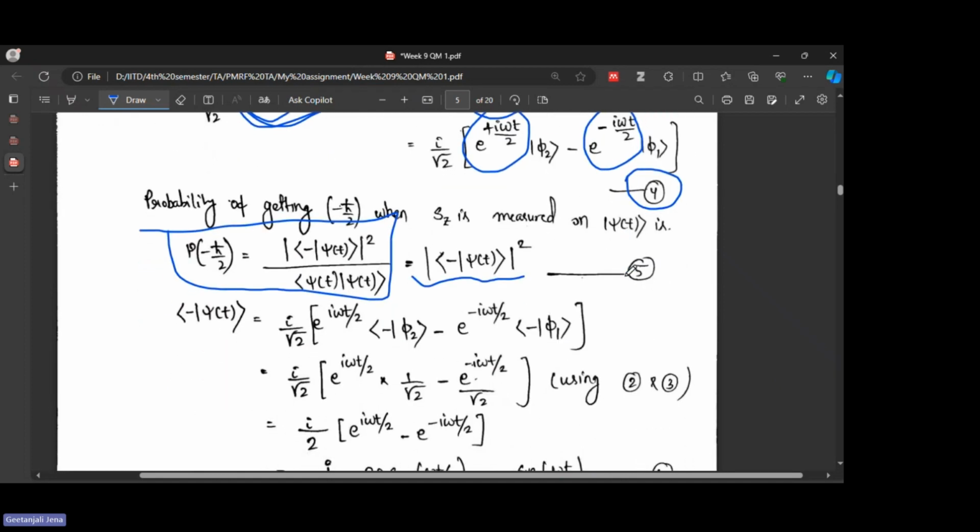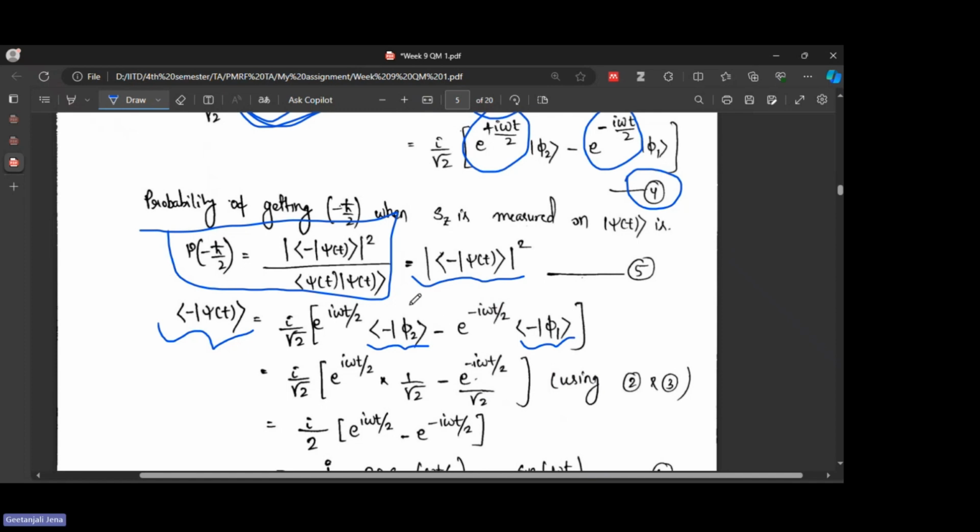Now use equation 4 to get the inner product. Here I have written down the value of the inner product of the minus state with psi t. There will be the inner product of phi 2 with the minus state, and the inner product of the minus state with phi 1.